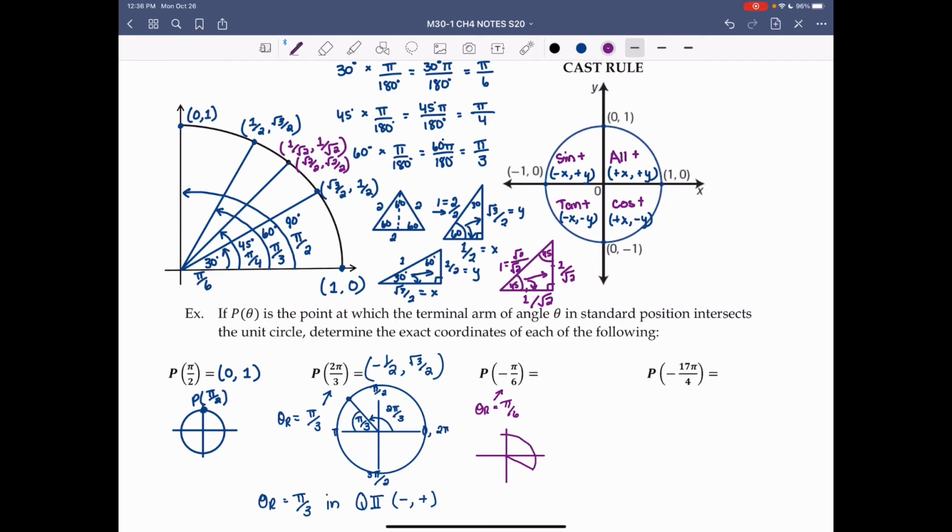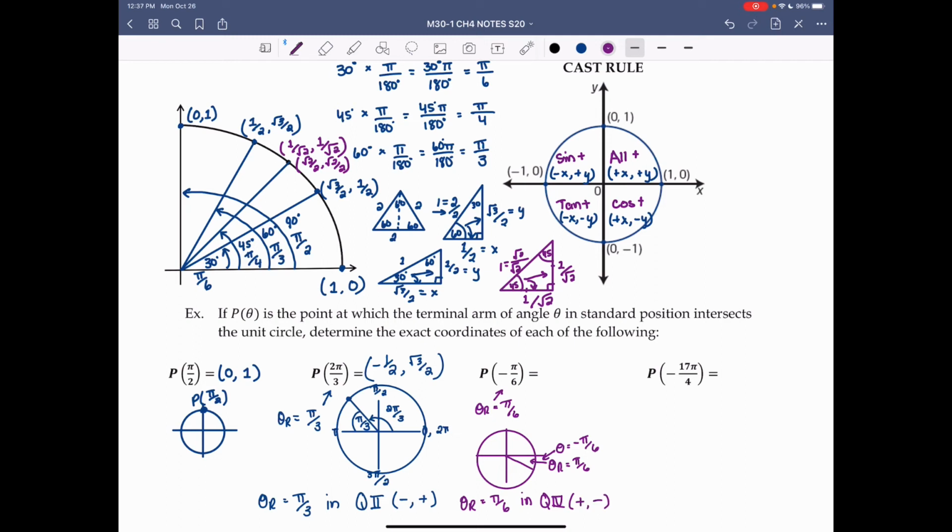Draw our unit circle. Our reference angle theta r is pi over 6, and our angle theta is negative pi over 6. So we're in quadrant 4 with a reference angle pi over 6, and in quadrant 4 we have a positive x value and a negative y value.